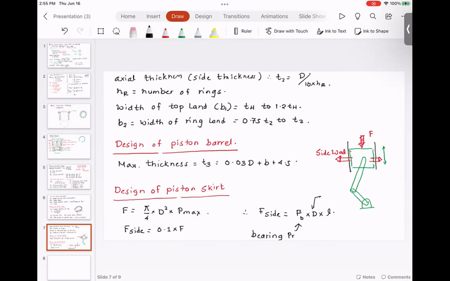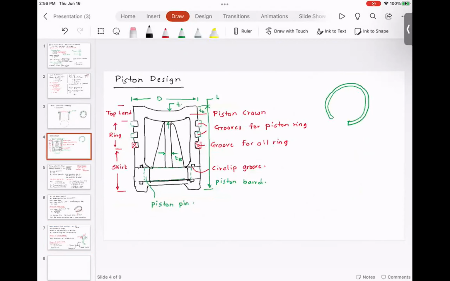D we already calculated, which is the diameter, and that should give us the length of the skirt. So skirt means the bottom part. As you can see, this is skirt.